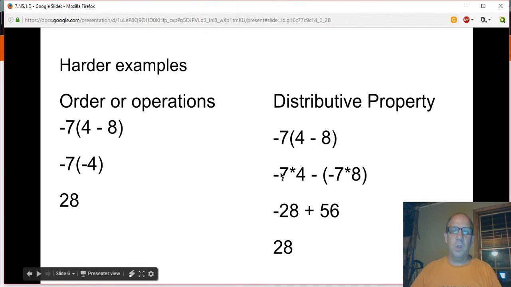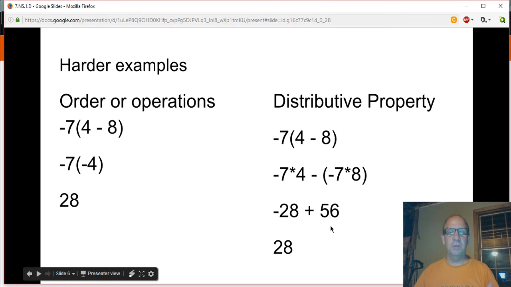So negative 7 times 4 is negative 28, minus a negative 7 times 8, which is negative 56, minus a negative 56 is plus 56. That gives us negative 28 plus 56, which gives us 28.